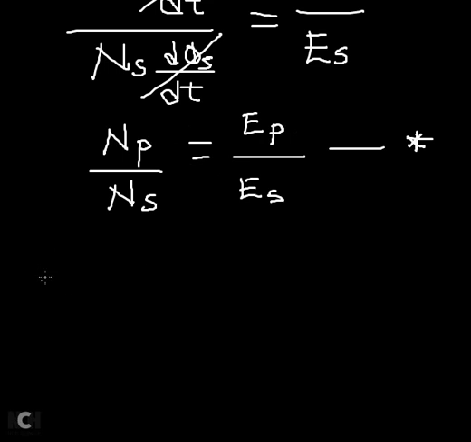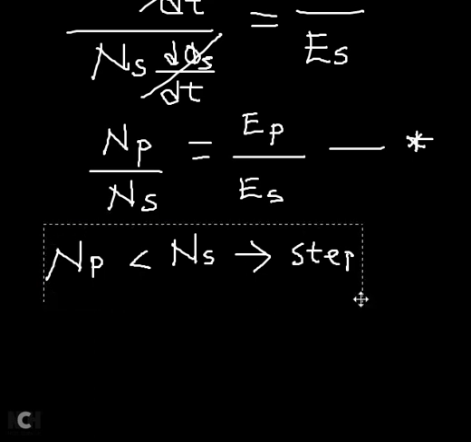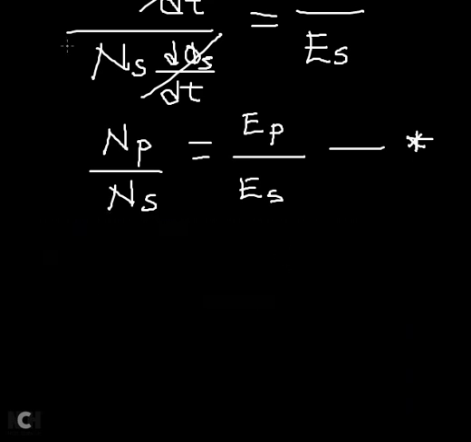So if I have a transformer whose number of turns of the primary coil is less than the number of turns of the secondary, let me state it well.